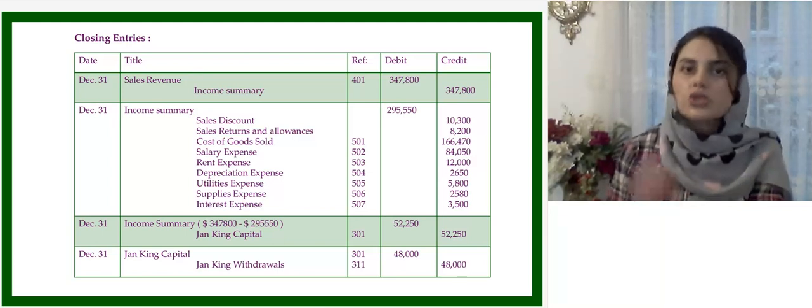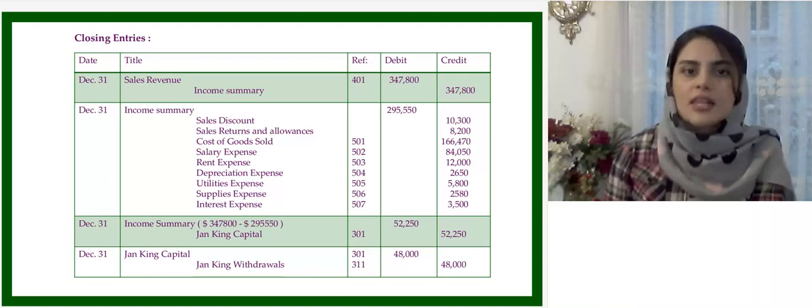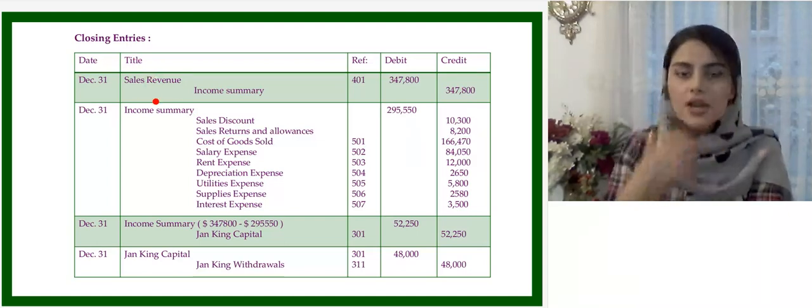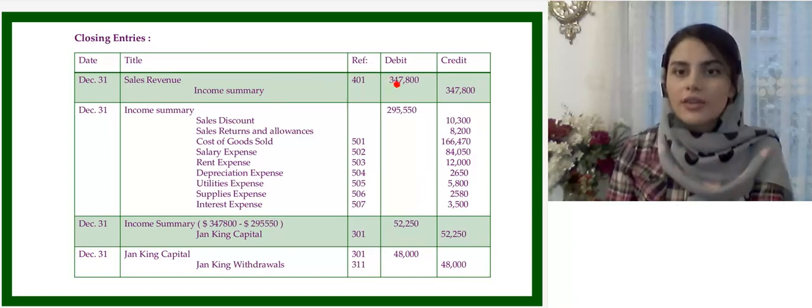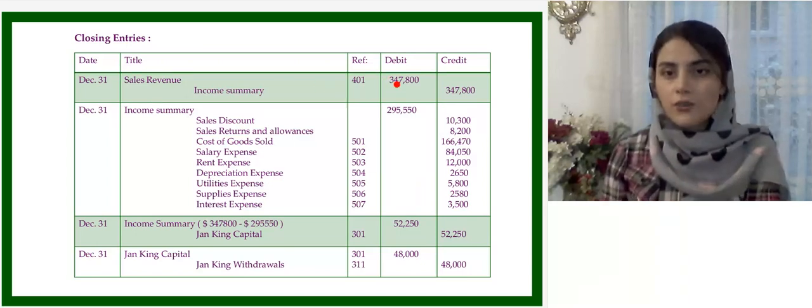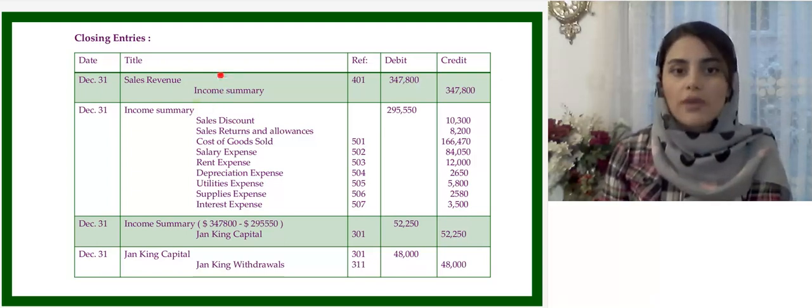Here are the closing entries. We want to close the accounts. Sales revenue was credit, so we should debit it here for the amount 347,800, and we should close it with income summary.